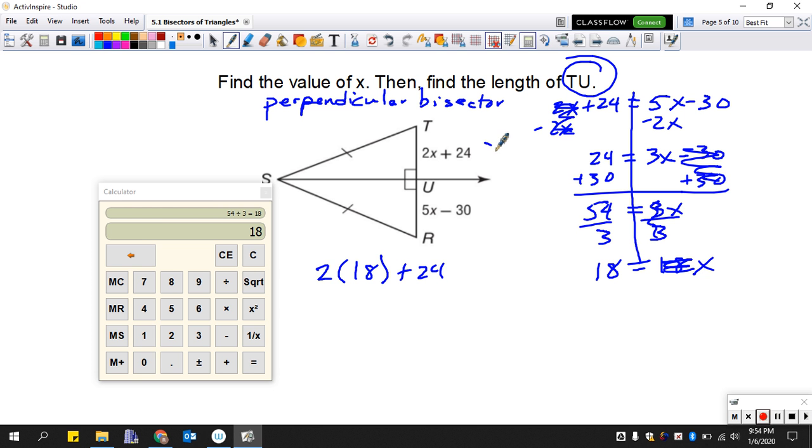That's this right here, we just plugged it in. 2 times 18 is 36, plus 24. 36 plus 24 is 60. So the length of side TU is 60, which means that the length of side UR is also 60.